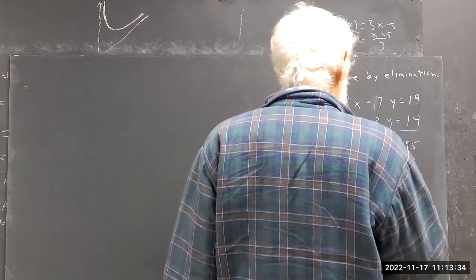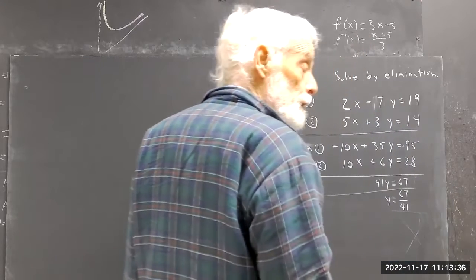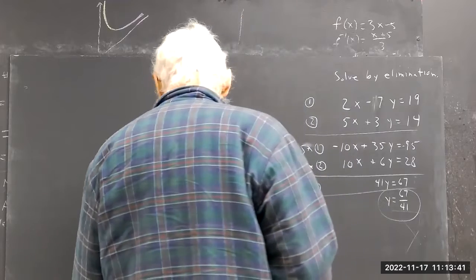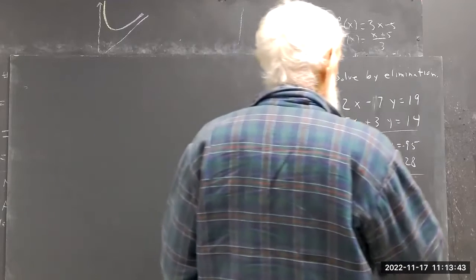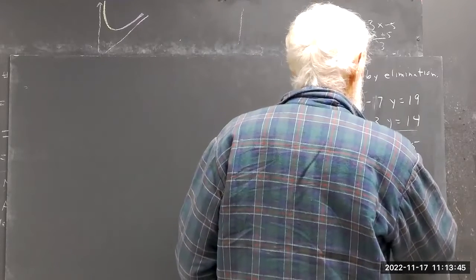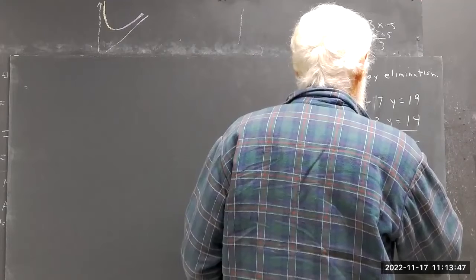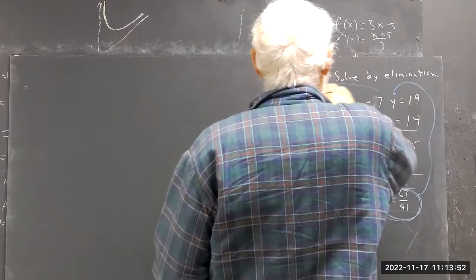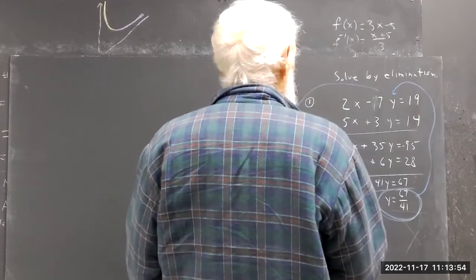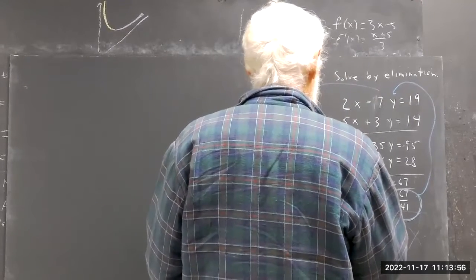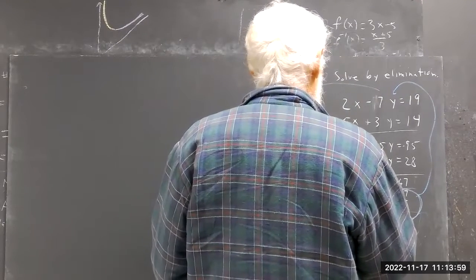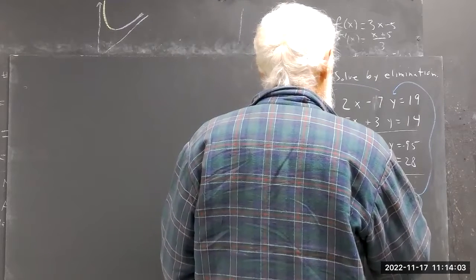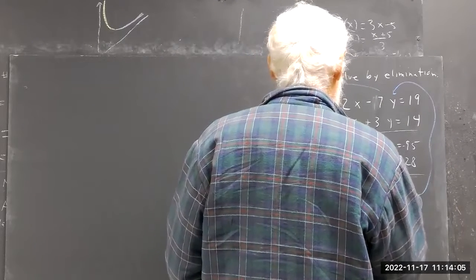Now I can plug that back into either of the first two equations. Do that rather quickly because I think everybody understands that process. So we take this and just plug it into the first equation. What we get is 2x minus 7 times 67 over 41 equals 19.